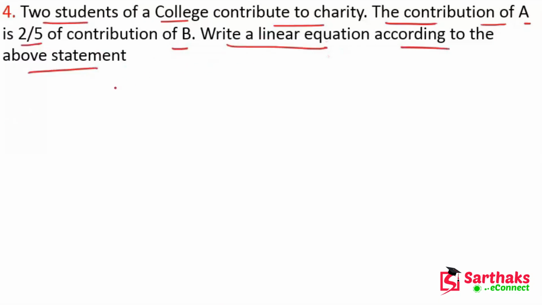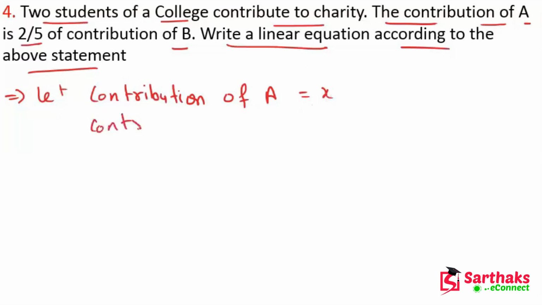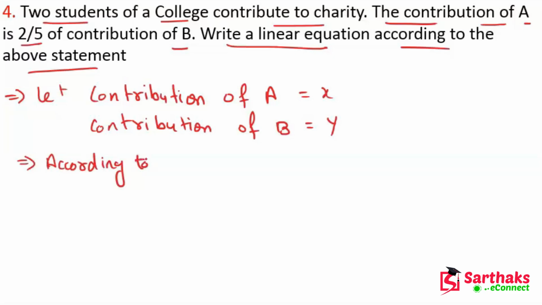First of all, let the contribution of student A be X, and the contribution of B be Y. According to the question, we can write it as A T Q, in the short form.